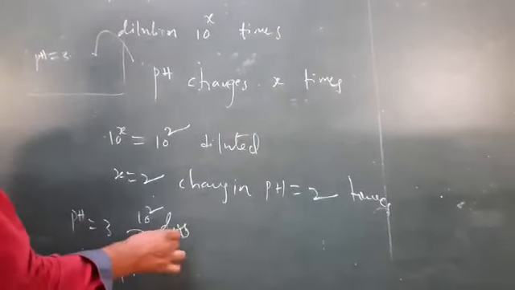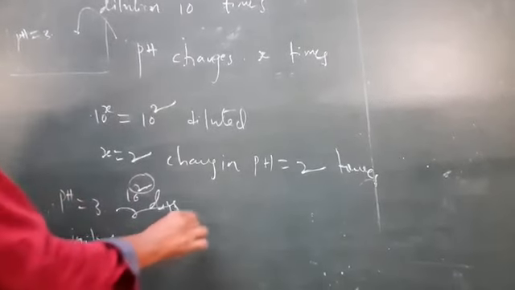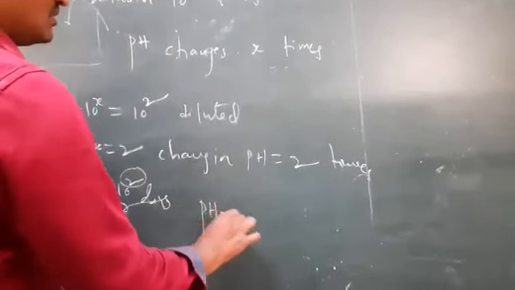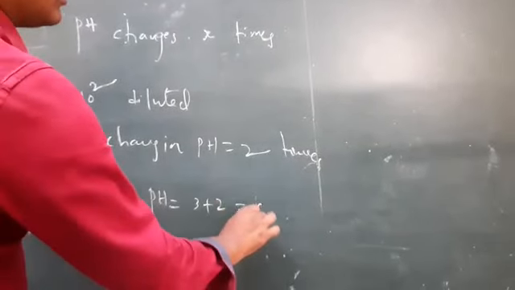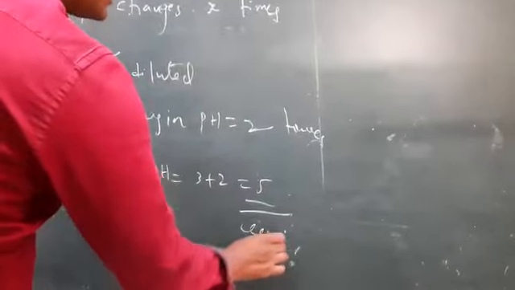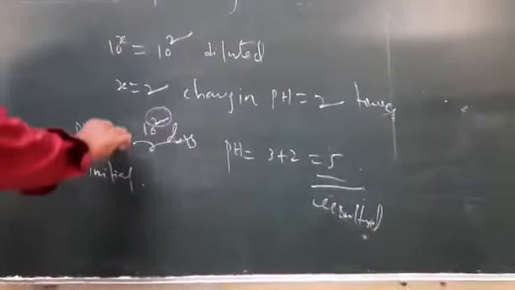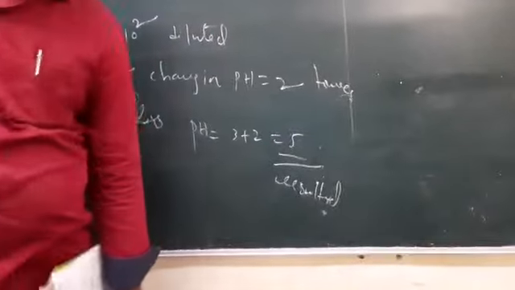So 10 square times dilution means pH increases 2 times. Already 3 is there, so pH becomes 3 plus 2 equal to 5. Initially 3, the final pH is 5.